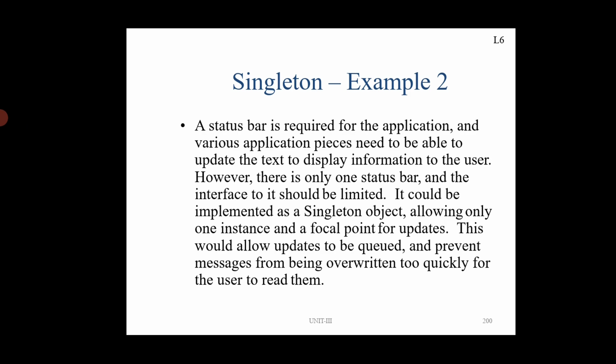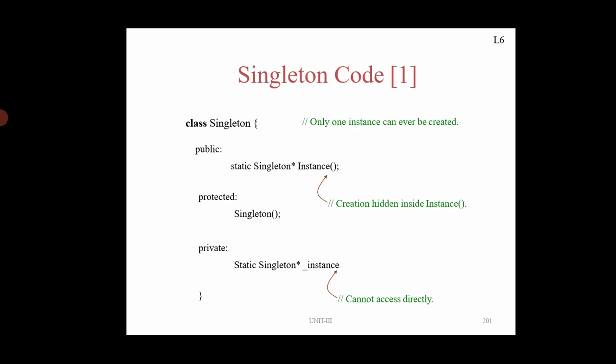Okay, that is one more example of the singleton design pattern. And coming to the sample code of the design pattern, in the sample code we need to study the singleton. Take a class named Singleton here.